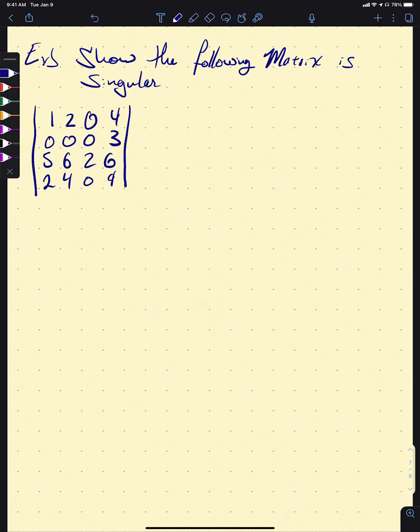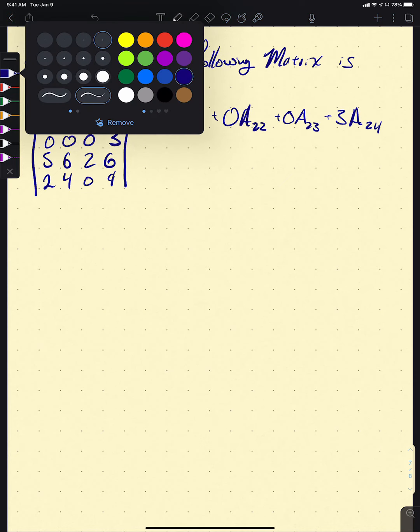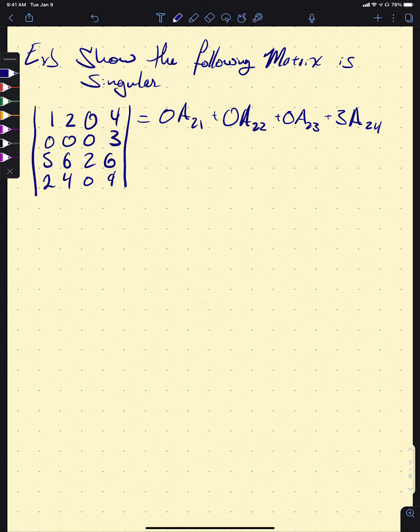If we expand on the second row, we're going to get 0 times a21 plus 0 times a22 plus 0 times a23 plus 3 times a24. So everything drops out, and our determinant turns into this.